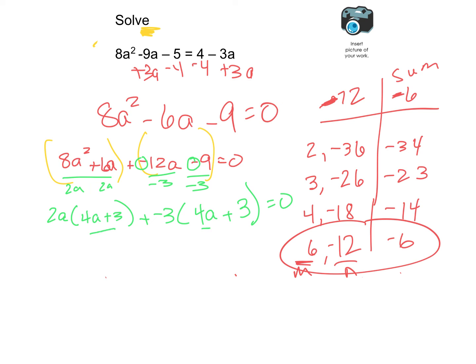Okay, good. What I have in parentheses is the same for both of them. So that means I'm on the right track. 2a minus 3 times 4a plus 3 equals 0. Now I'm factored. I need to set them each equal to 0 and solve.